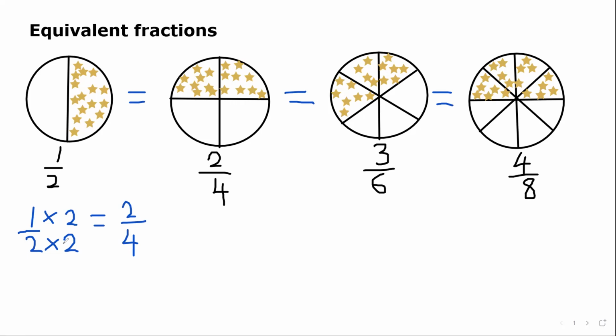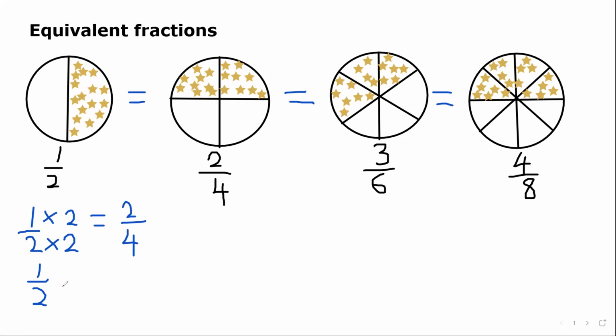Okay. Now let's assume that the question is 1 out of 2, and they ask you to state another equivalent fraction that looks different from 1 over 2, but the values are the same.